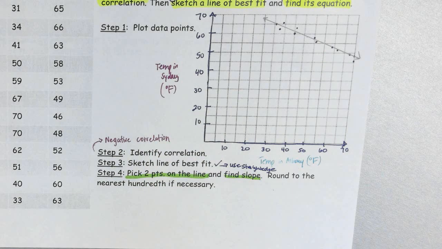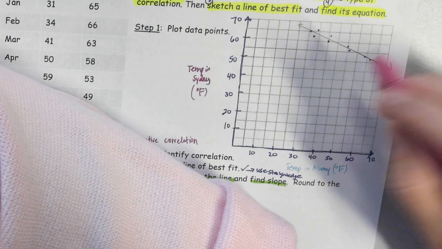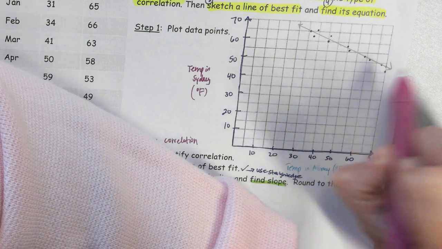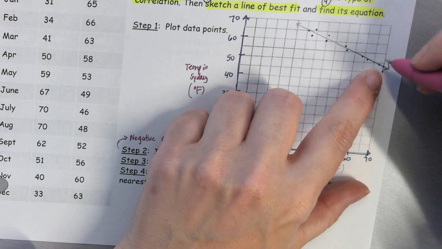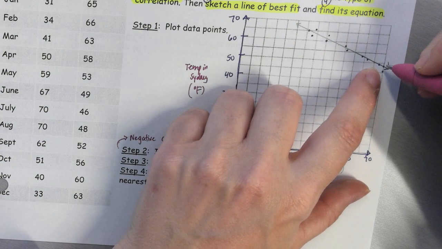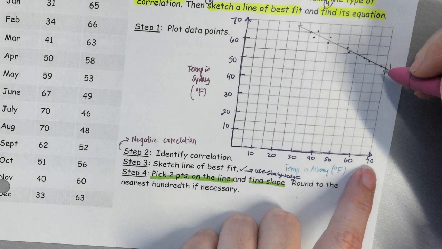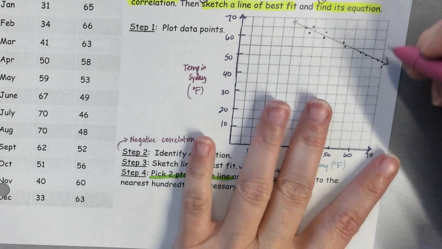Okay, so I'm going to pick 2 points from my data. So for me, mine looks like it's going straight through that one and straight through really both of those. So I'll choose this one. That looks like the (67, 49).